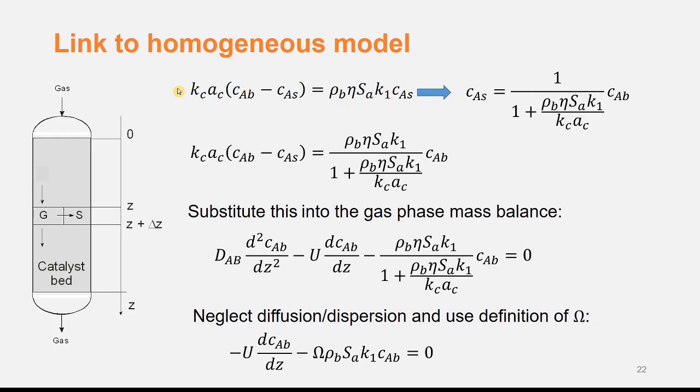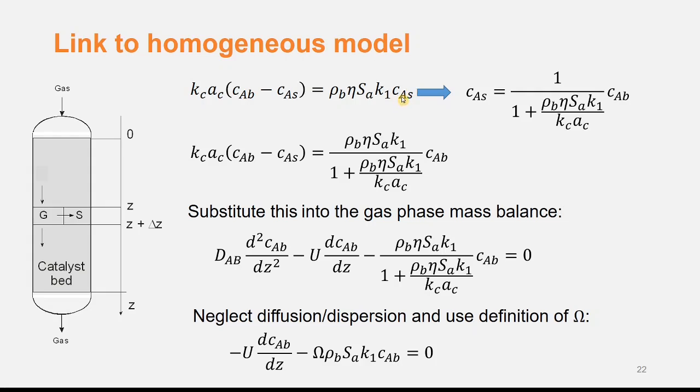The material balance for A in the solid phase can be used to obtain an expression for the surface concentration of A, CAS. So we can rearrange this and solve for CAS, similar to what we did to calculate the overall effectiveness factor. And then we substitute this expression for CAS into the right-hand side of the material balance for A in the solid phase.